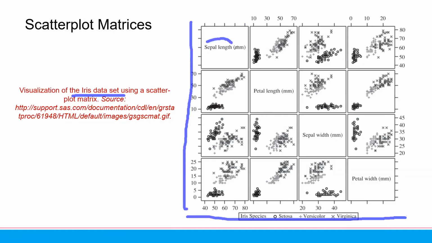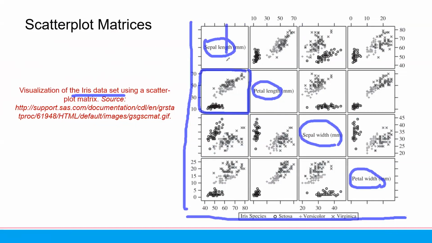If you look at this diagram, it means we can see the correlation between sepal length, because this is in the column of sepal length, and this belongs to the petal length for the y-axis.